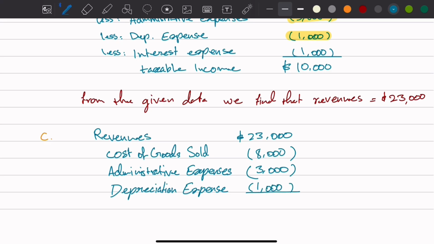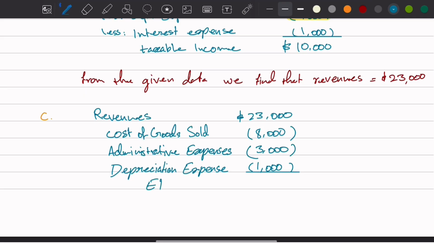Okay, that will give us EBIT, which should be 23,000 minus $8,000 minus 3,000 minus 1,000, and that's $11,000. Okay, and that's how you solve any problem that is similar to problem number 4.